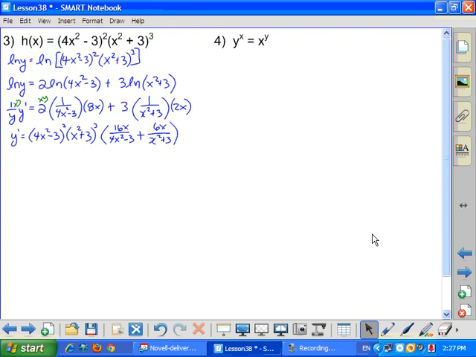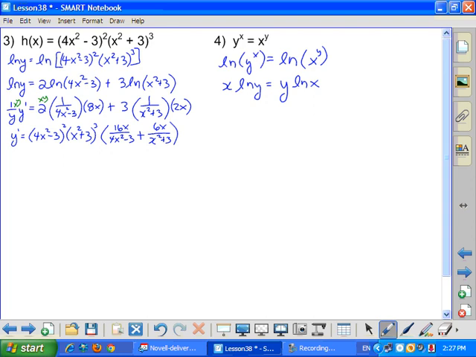Now the second example, or the fourth example I should say, this one lends itself much more to using logarithmic differentiation, because if I take the log of both sides right off the start, the exponent again becomes a coefficient. So we end up with an expression that looks like this.